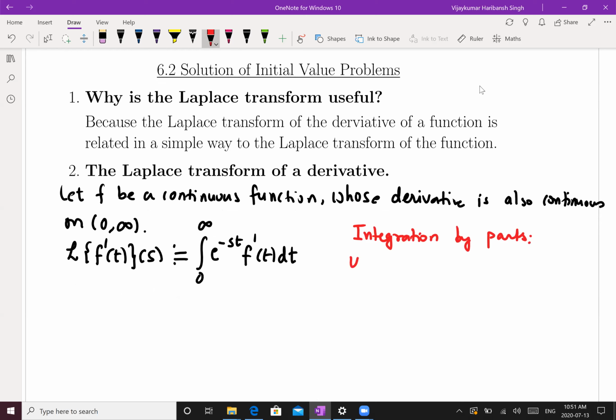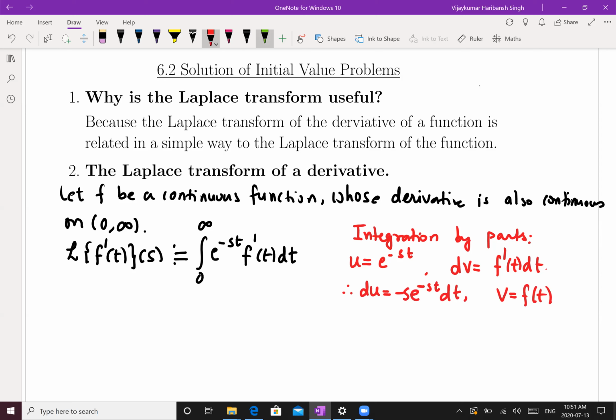Take u to be e to the power minus st. Your dv is going to be f prime t dt. So therefore your du is minus s e to the power minus st dt, and your v is f of t.